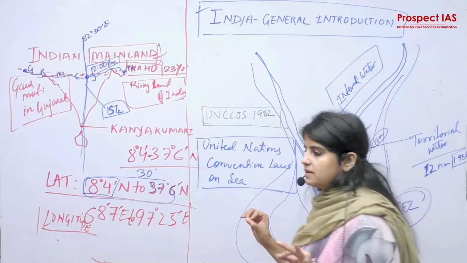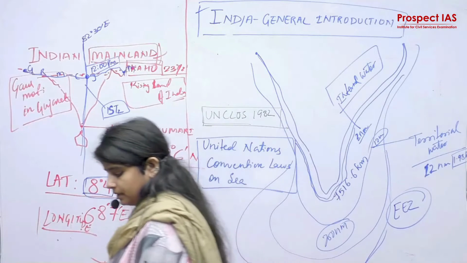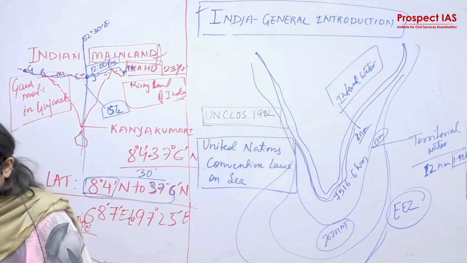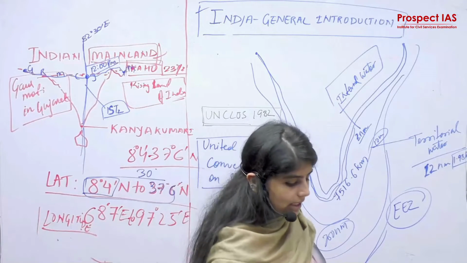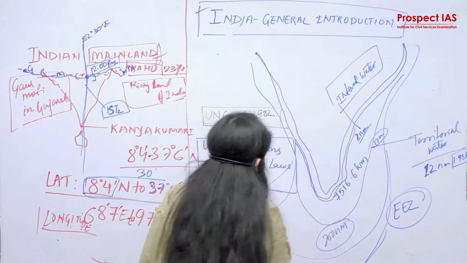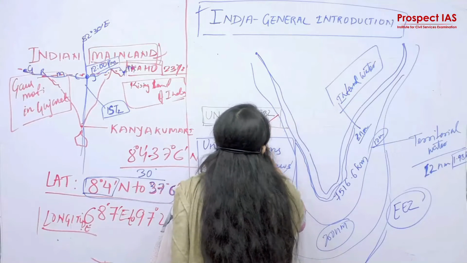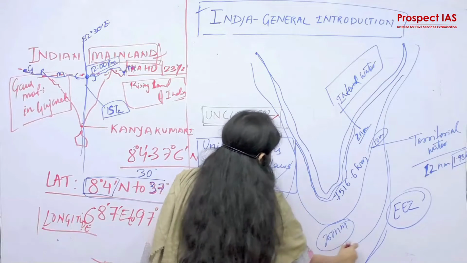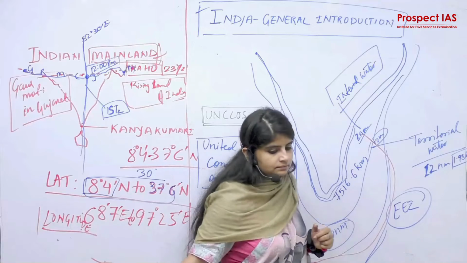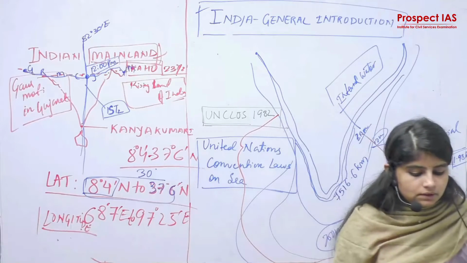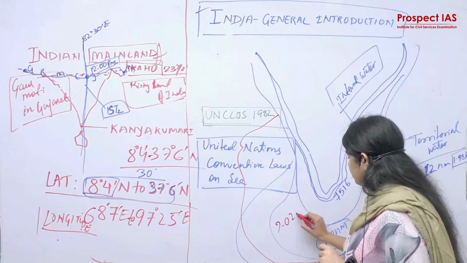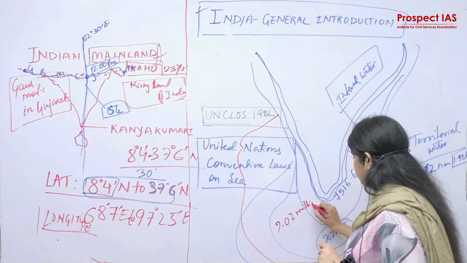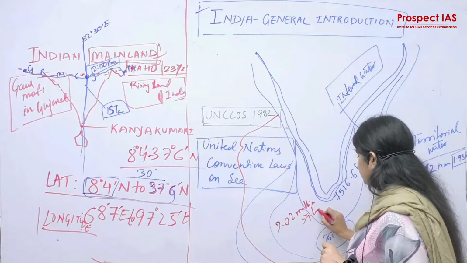India's exclusive economic zone is vastly expanded, to 2.02 million square kilometers of area.